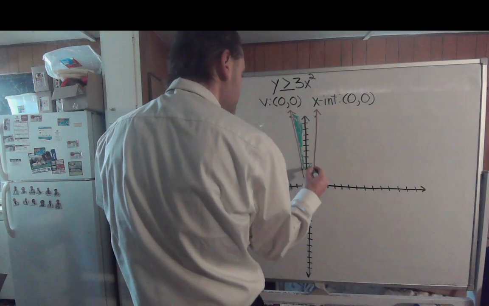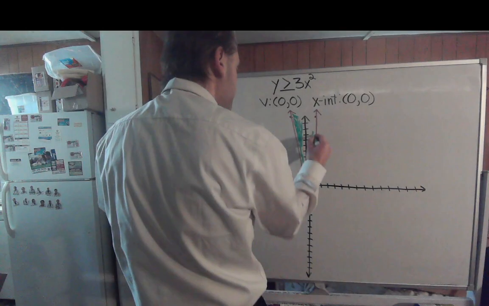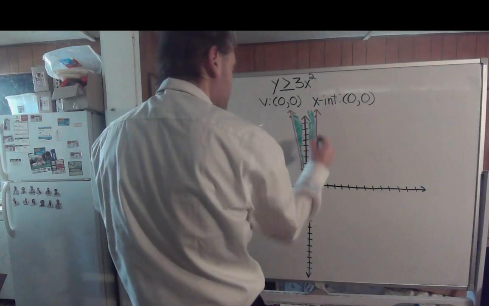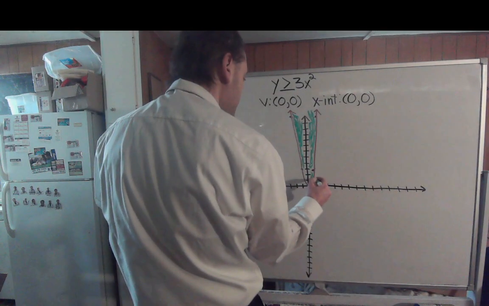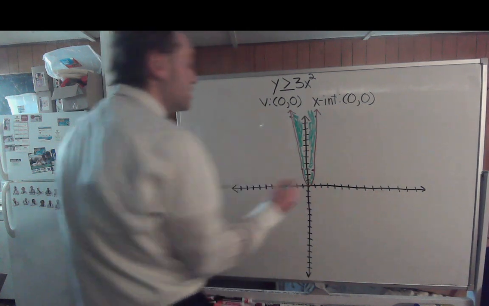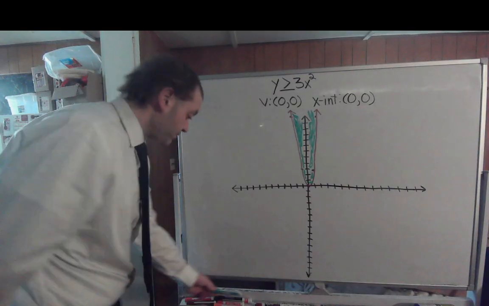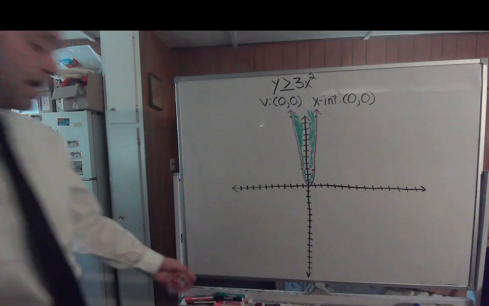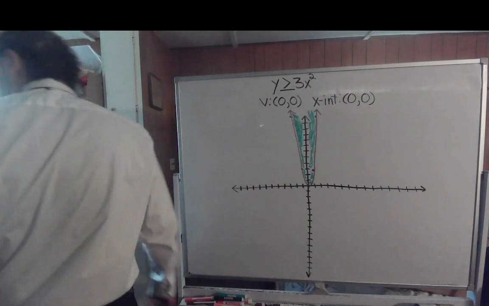So that's exactly how you would graph this inequality of y is greater than or equal to 3x squared. Just shade the corresponding region, and there you have it. So pretty much proceed to graph this like you would a normal parabola, then shade the corresponding region.